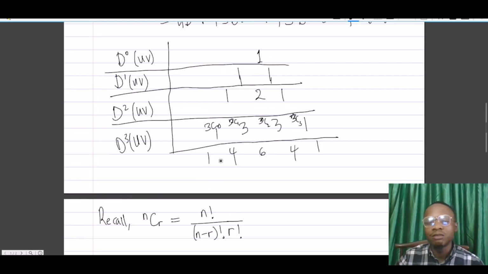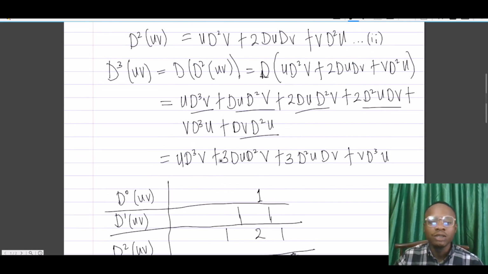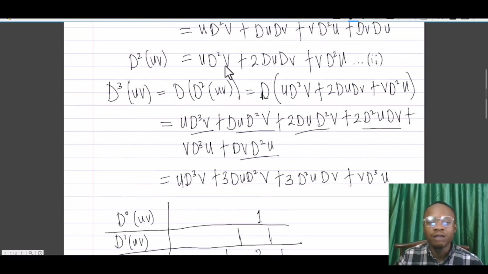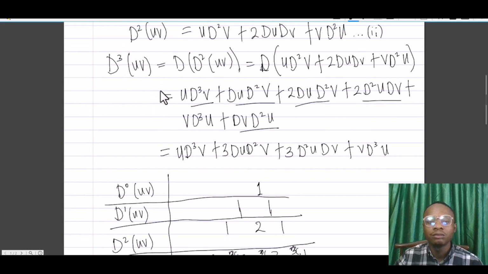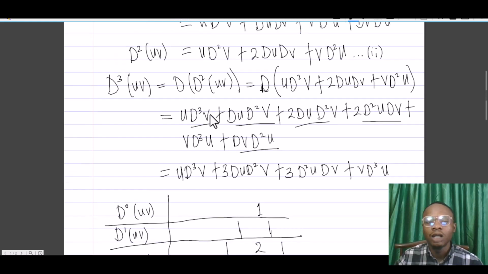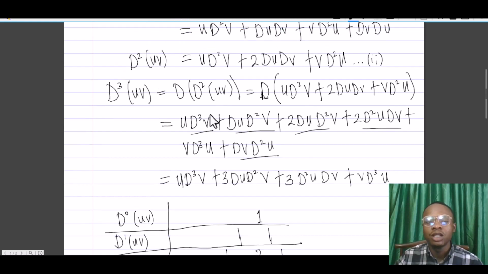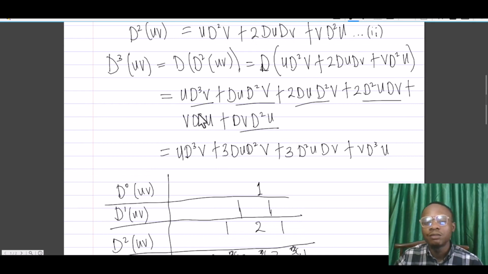And what we're trying to do here is to arrive at the general formula for getting the nth derivative of this product of two functions. To do that successfully, we will observe this pattern.